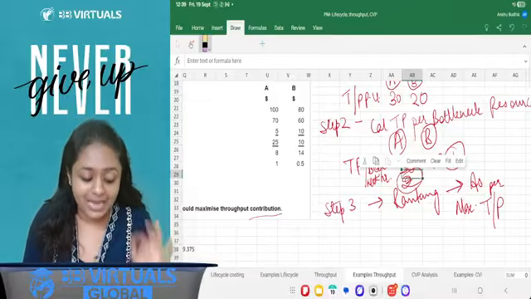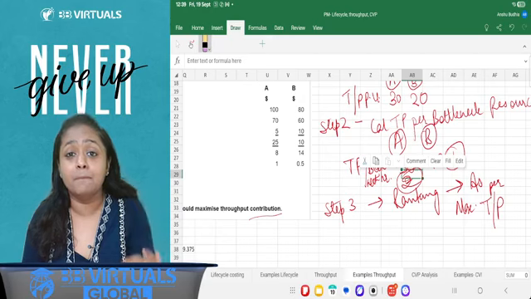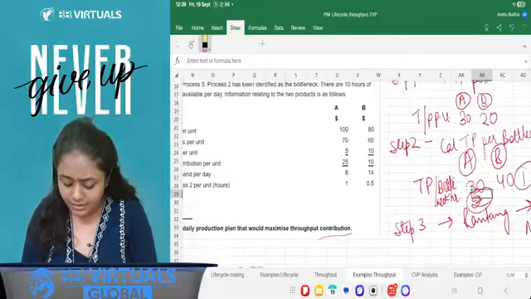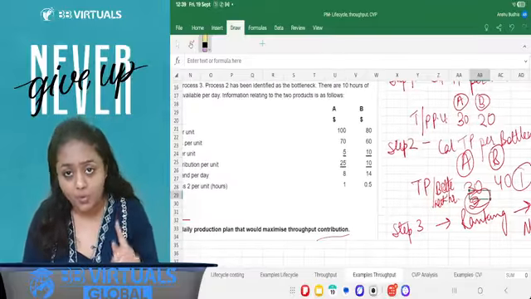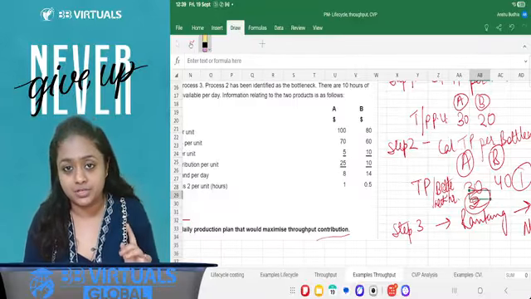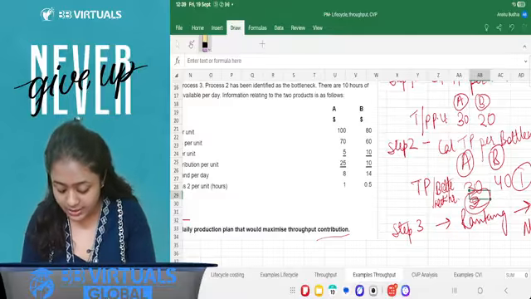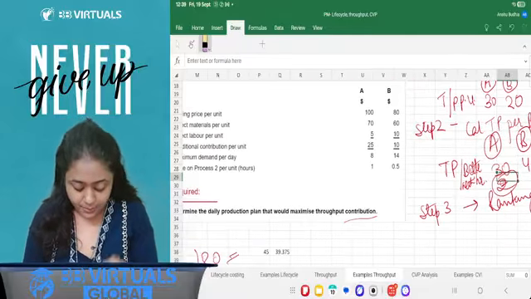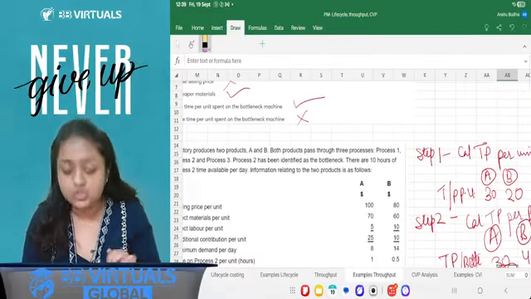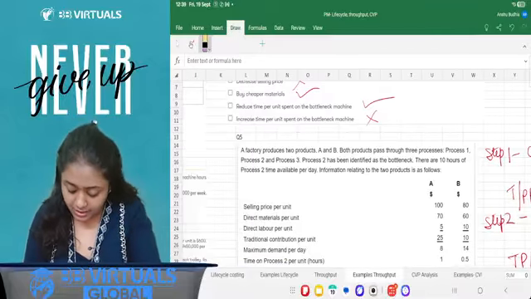Now you know the ranking 1 of the product will be made the most. So how many units we can make? We have ranked product B as number 1. Product B maximum units we can make is 14 units. And each unit requires 0.5 of the process 2 hours, right? How many hours do we have? Total we have only 10 hours.